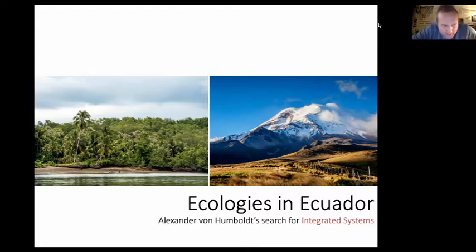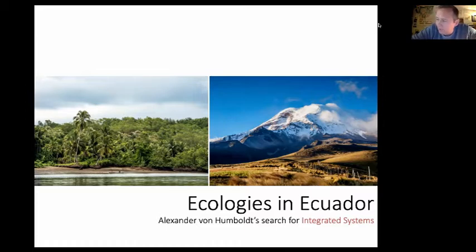And in the early 1800s, there was a German scientist with the name Alexander von Humboldt who traveled to Ecuador and was interested in studying nature in a new way.